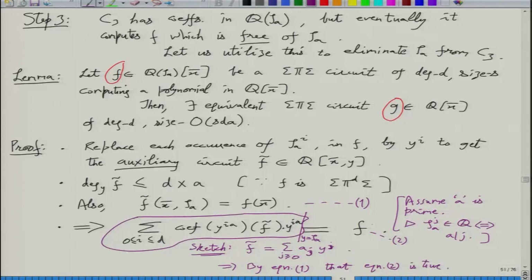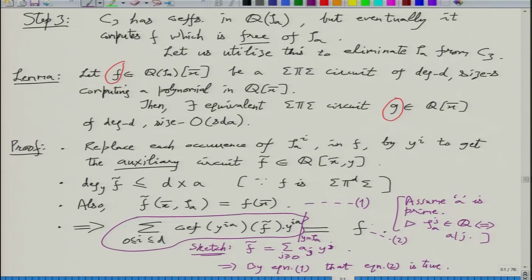So once you have this equation 2, what these coefficients of f tilde, that you do by interpolation, because you have a degree bound with respect to y, individual degree of y is low, so for every coefficient you will do interpolation.